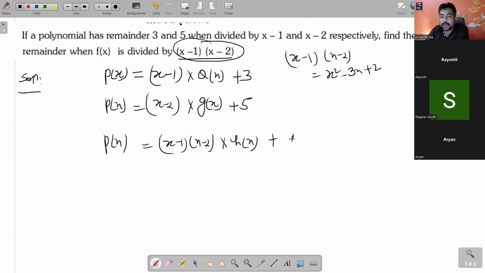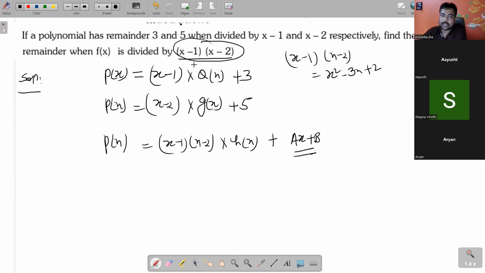So we'll assume the remainder as ax plus b. Check your note, I know I have written that. I have written there that the degree of the remainder will always be less than the degree of the divisor, by at least 1.